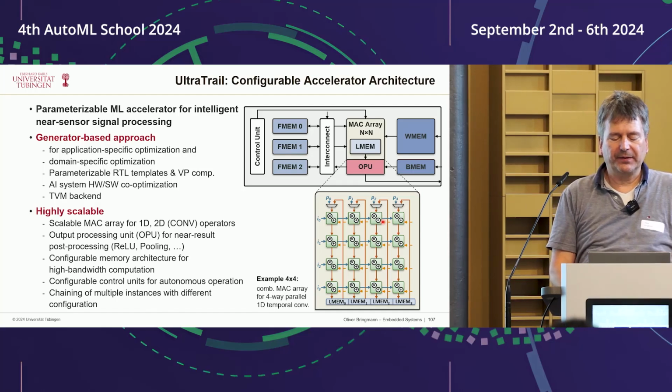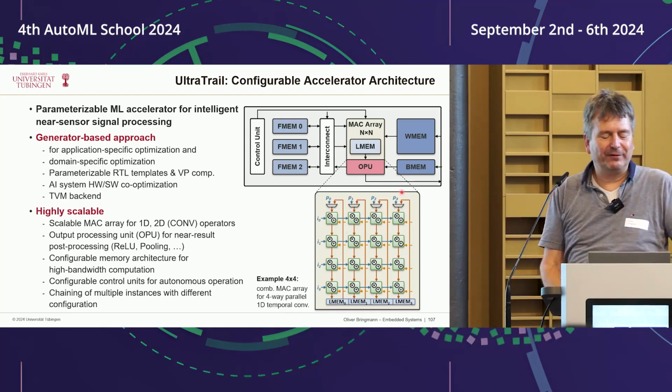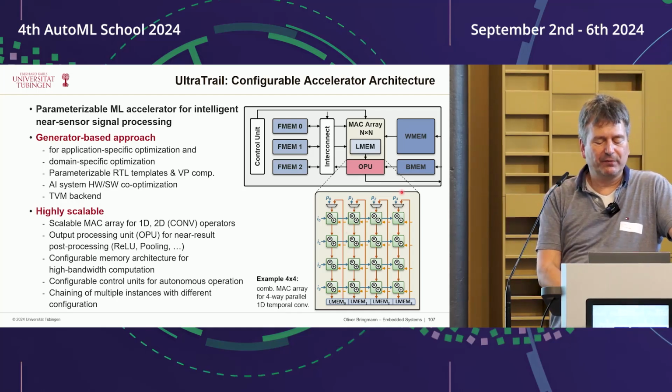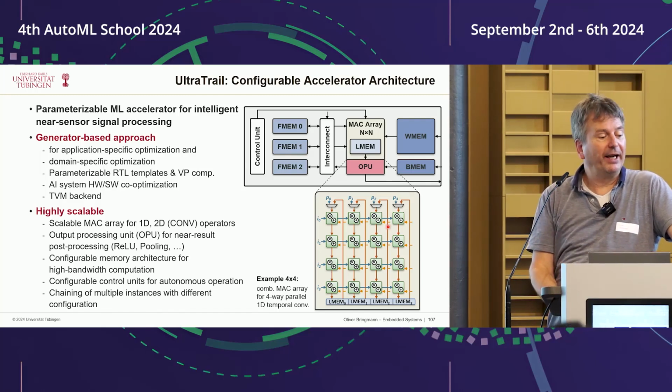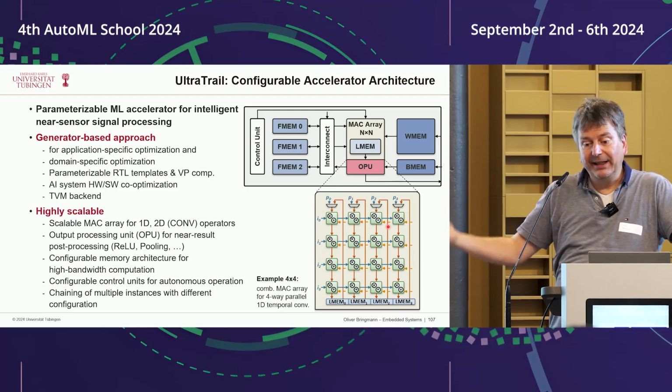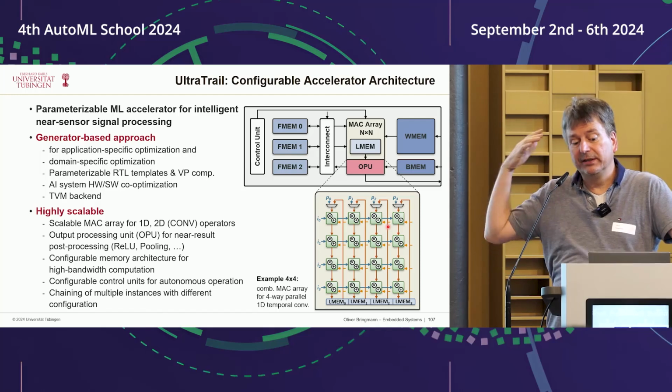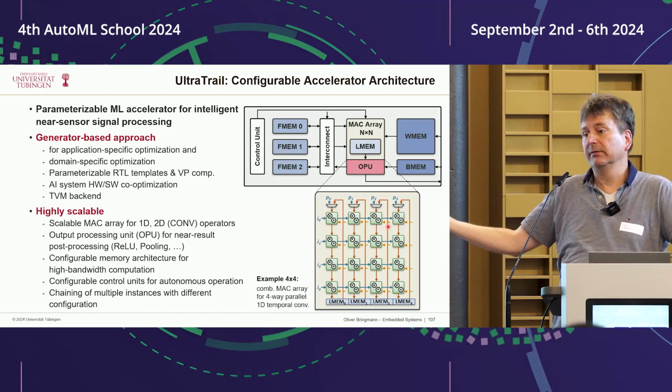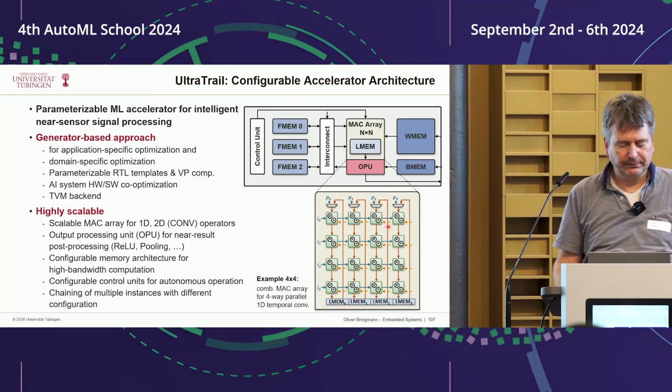And then actually, for our audio chip, we just need an 8 by 8 MAC array, and then you can run 8 1D temporal convolutions in 1 clock cycle. That's quite efficient then.